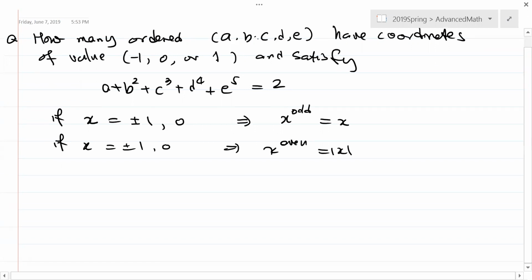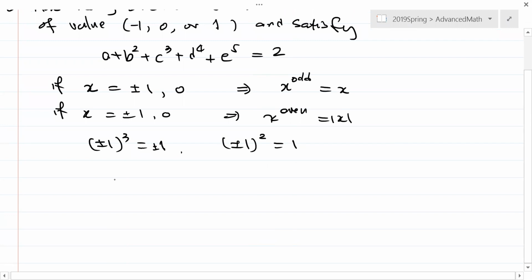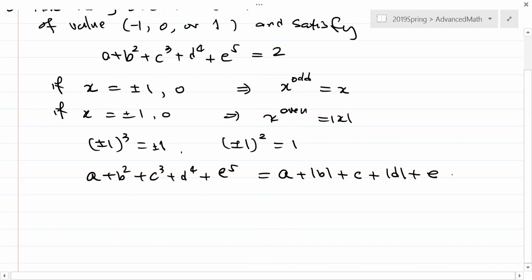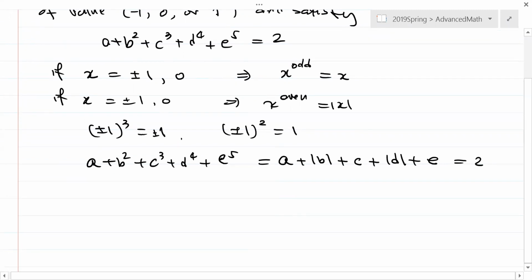So in other words, plus or minus 1 cubed is plus or minus 1, but plus or minus 1 squared is always positive 1. So the above equation is the same as A plus absolute B plus C plus absolute D plus E equals 2, if A, B, C, D, E only take the values -1, 0, or 1.